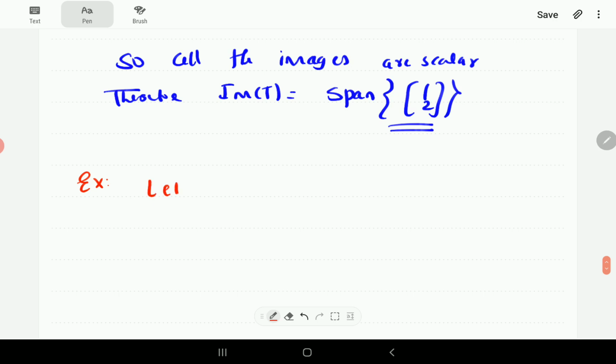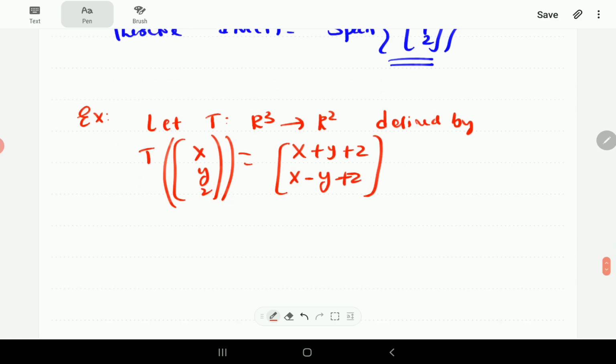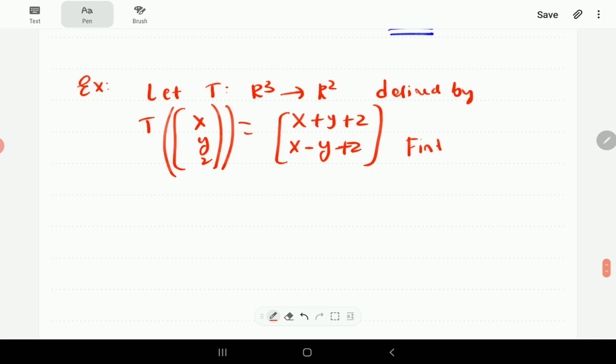Okay, let's see another example. Here, let T be the transformation from R3 to R2, defined by T of (x, y, z) equal to (x plus y plus z, x minus y plus z). Now find the image of T. So here we will try to write our vectors in the standard form.